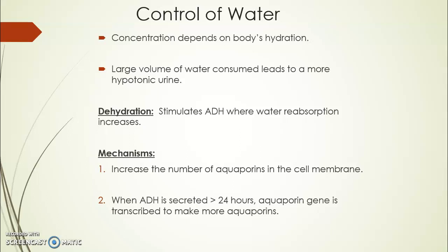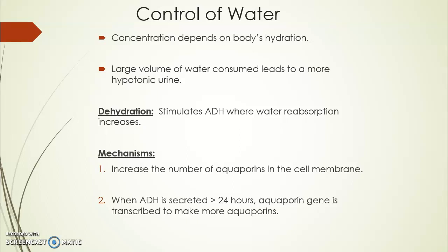If you remember, the aquaporins are those transport proteins that allow water to come into the cell transcellularly. We also had paracellular, where water can come through just through those leaky tight junctions. However, aquaporins can be produced, and this is another genetic factor.